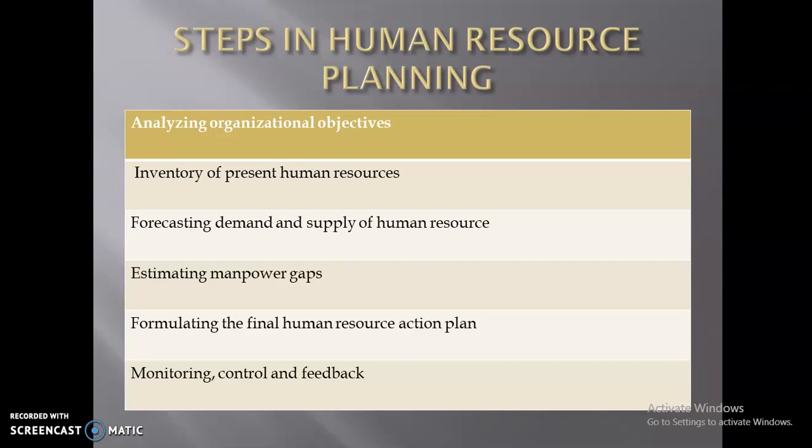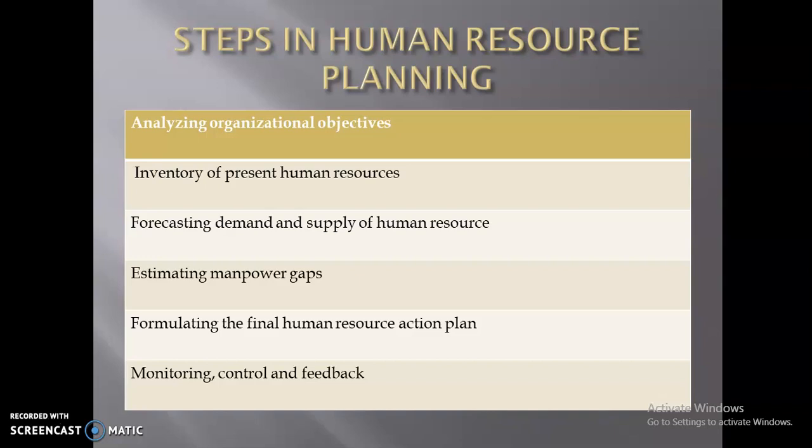I control the human resource and see that everything is in accordance with the organizational objectives, where I have the right number of people at the right place at the right time, and I give feedback on what changes I have made and why. Am I clear? I hope human resource planning is very clear to you.